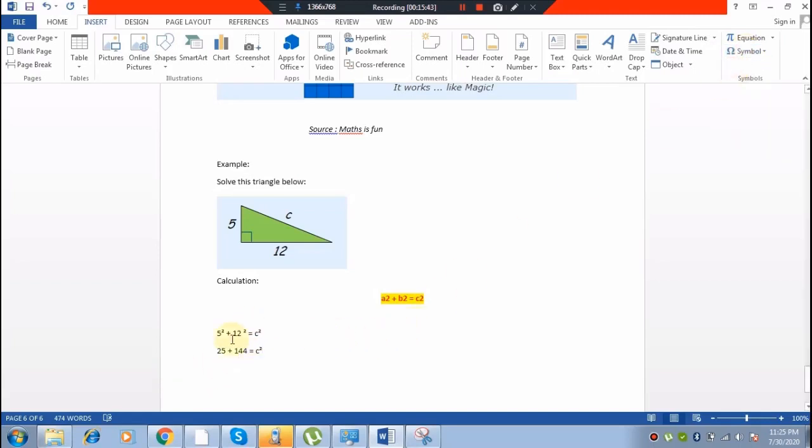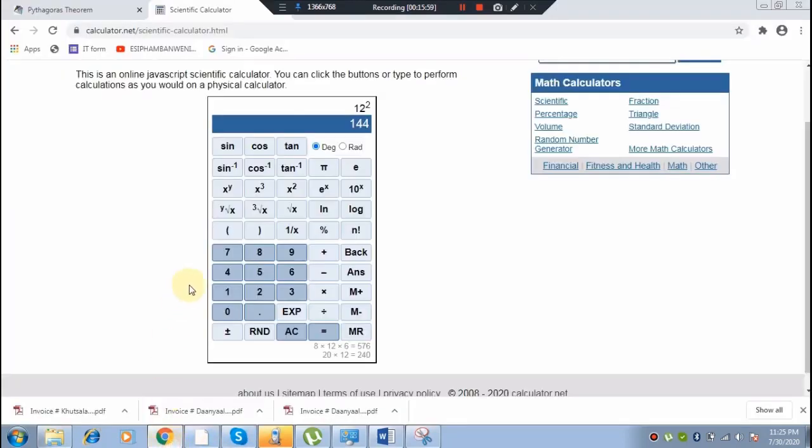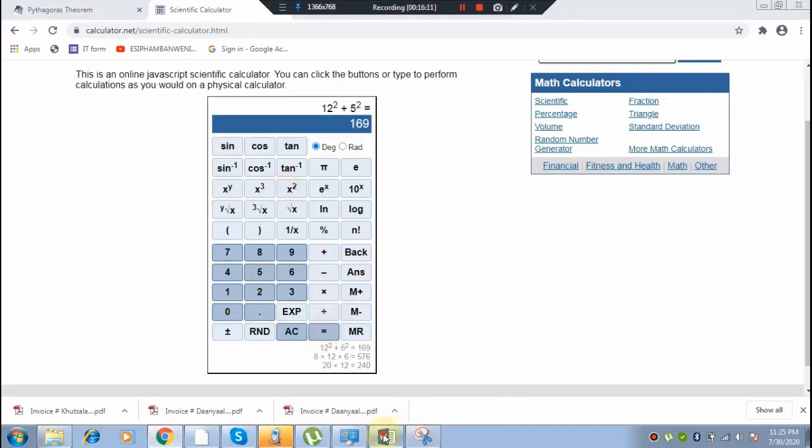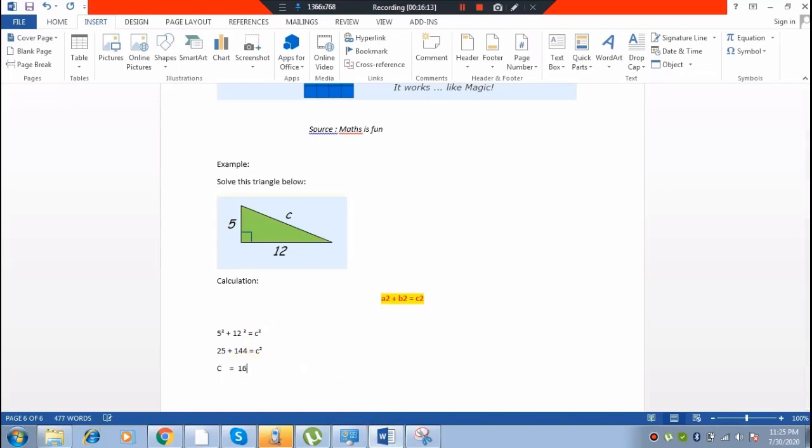To find the value of C, we need to find the square root of these two. So C is equal to the square root of 25 plus 144, which equals 169. So we need the square root of this one. We need the square root.